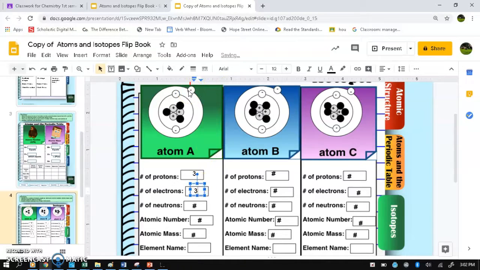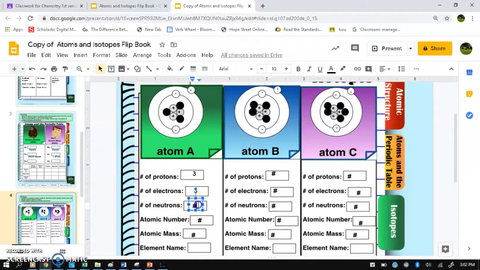But if you see this guy, see that he's all on the outer shell, all alone, and these guys have these 2 shells. Well, it wants to be happy, so it doesn't tend to do that.